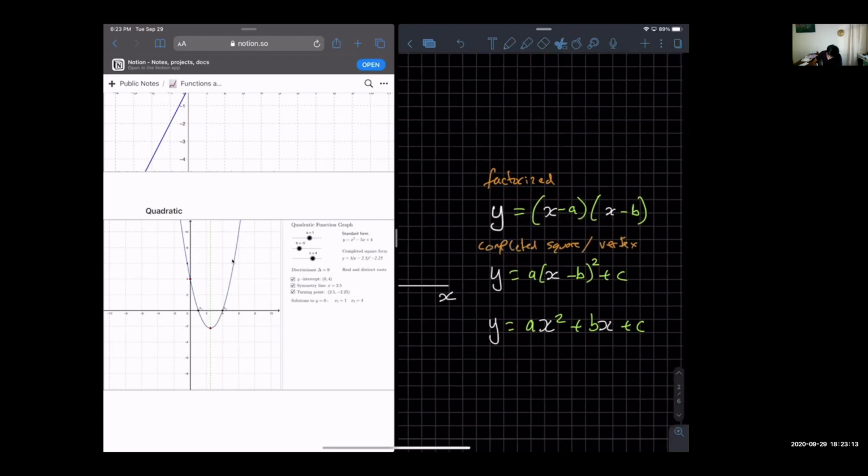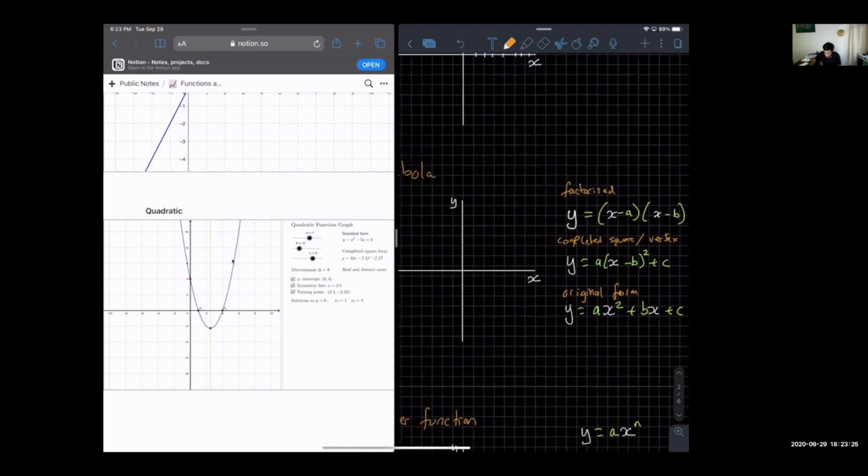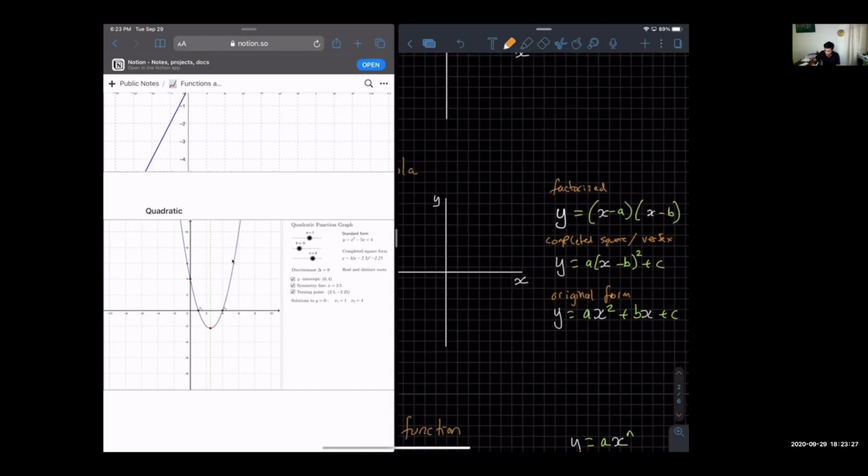Or it can be shown in this form, which is its original form. Okay, so I want you all to understand what happens to the shape of the graph as you change the values for every single form. You will see on the right side here, the standard form and the completed square form are shown.